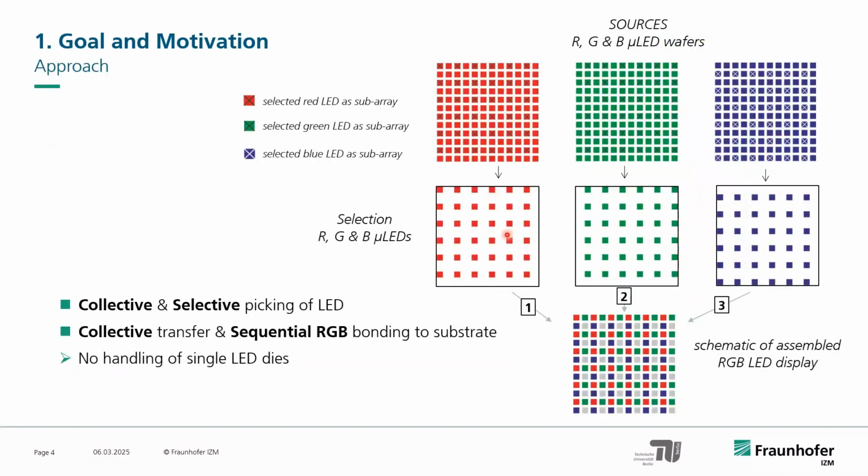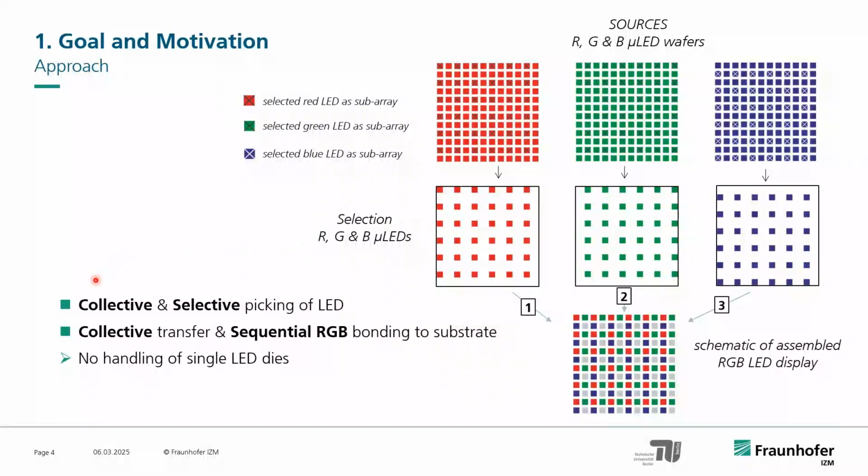The approach behind it is that we start with three source wafers, red, green, and blue, and we pick or select part of these arrays from the micro LED wafers, making, let me say, sub-arrays of R, G, and B, and then we recombine them onto the host substrate as depicted on the right side of the slide.